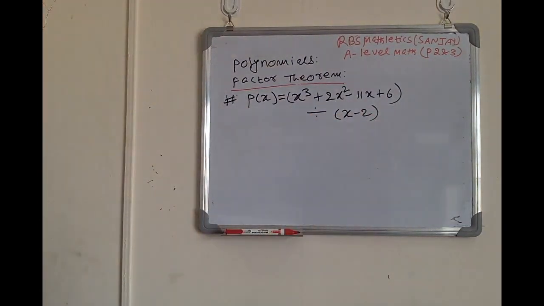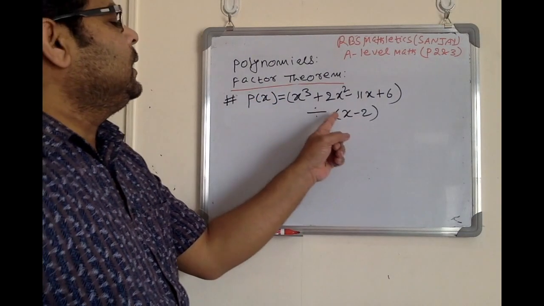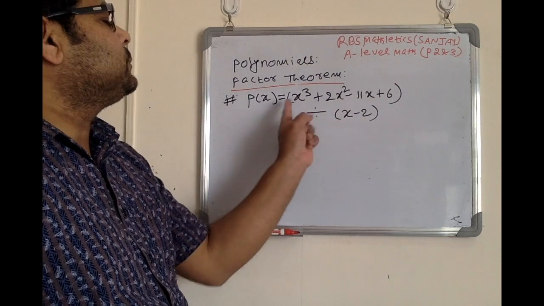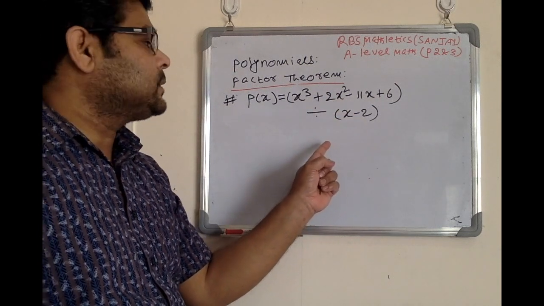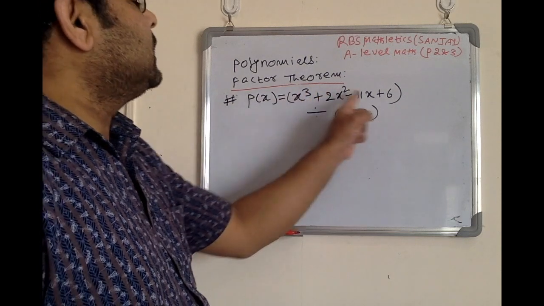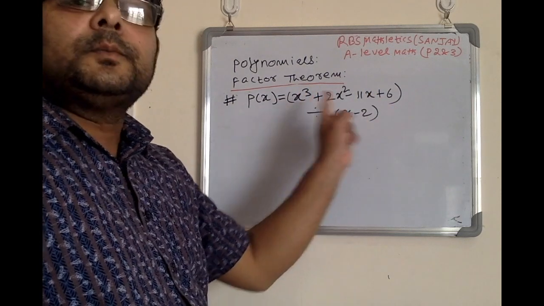Now we shall check whether or not x minus 2 is a factor of this polynomial. If x minus 2 divides this polynomial completely, leaving no remainder, then we can say x minus 2 is a factor of this polynomial.